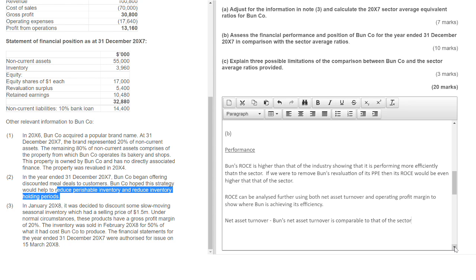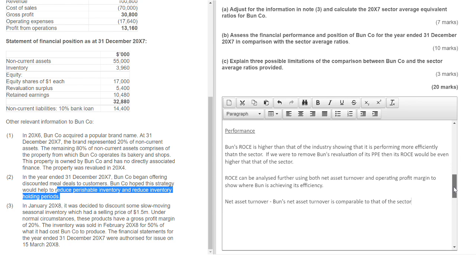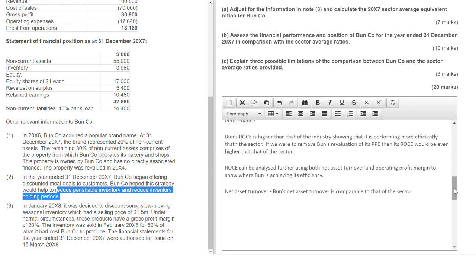There's not really all that much to say. Okay, we're looking there, isn't it? What is it? 2.3 versus 2.0 times. Bun's net asset turnover is comparable to that of the sector and is very slightly higher.